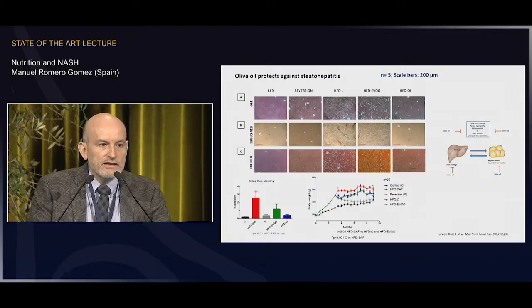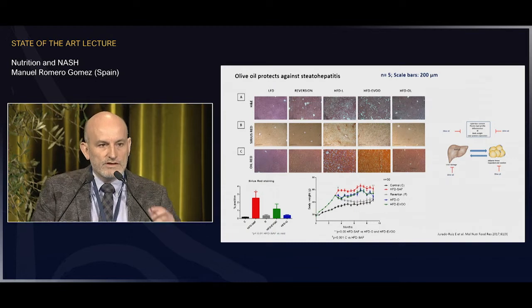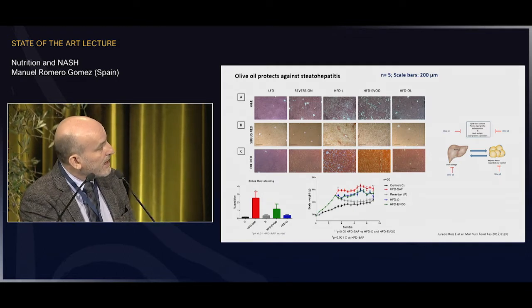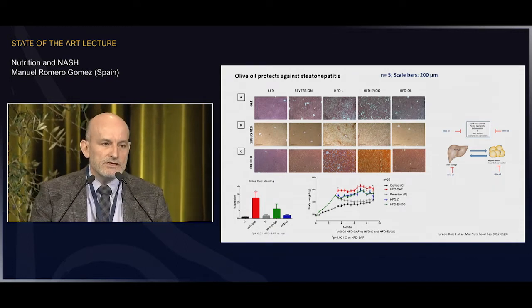In this experiment in our lab, using olive oil rich in polyphenols, we demonstrate that when we increase the intake of olive oil in this animal, they increase body weight, less than the standard high-fat diet, but increase clearly. And in spite of this increase of body weight, they did not show steatosis.